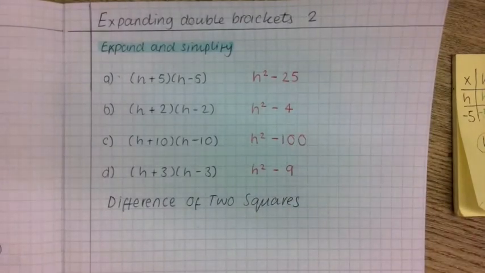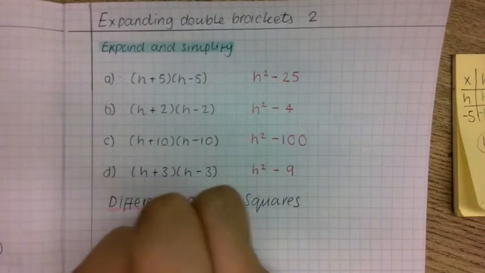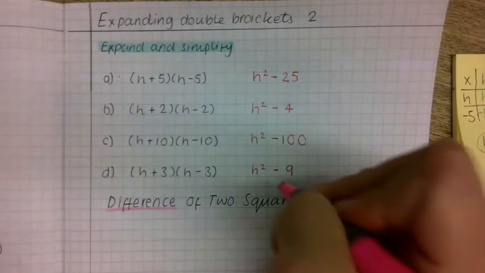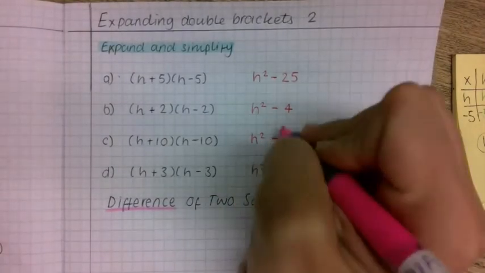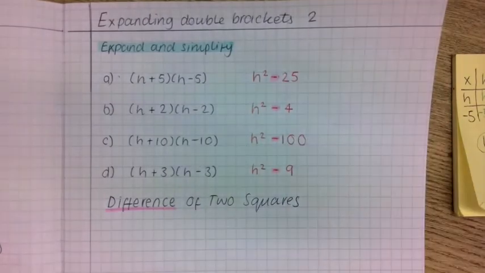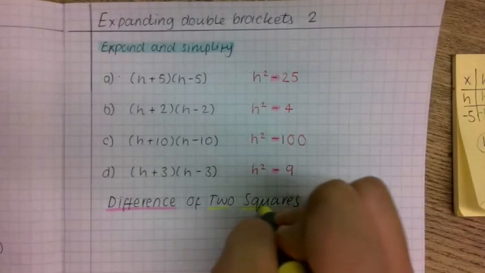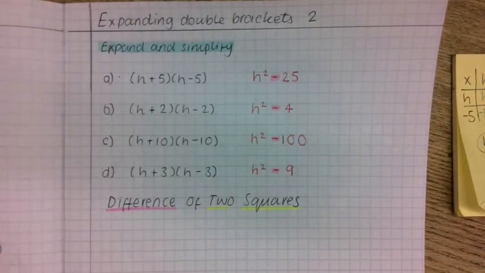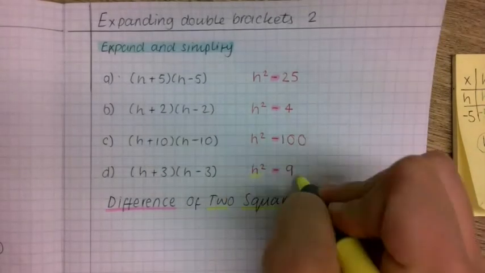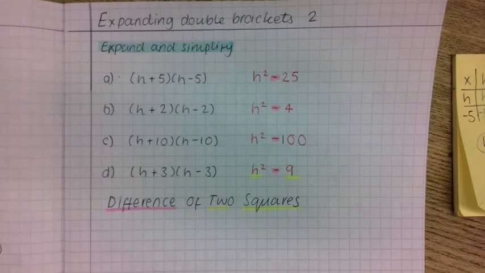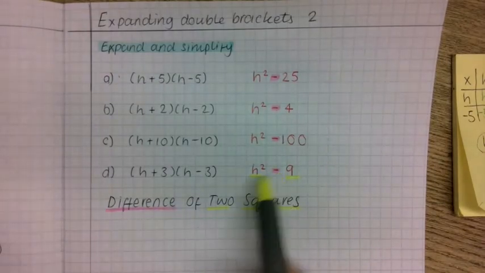And that's because the difference in maths, when we speak about the difference, we are speaking about a subtraction, and these all have a subtraction. And the 2 squares refers to the fact that we always have 2 square numbers. So it's the difference or the subtraction of 2 square numbers.